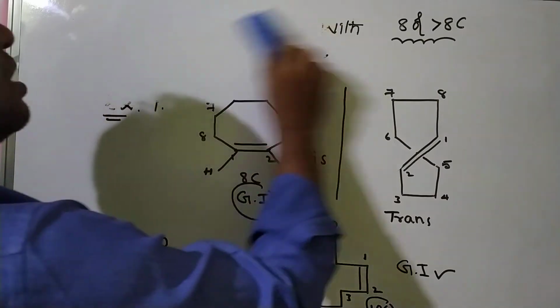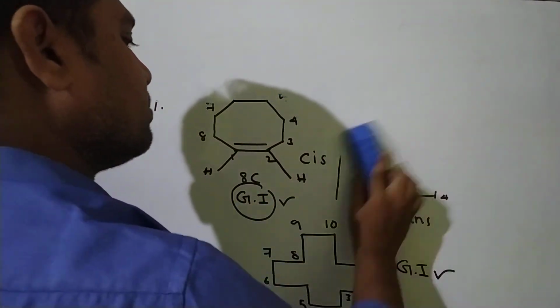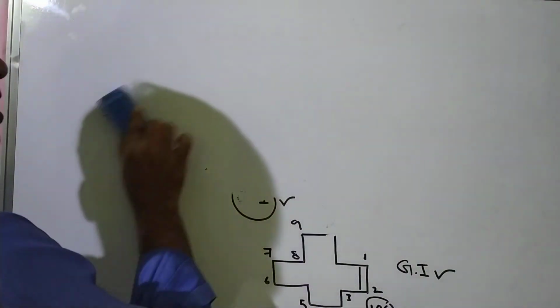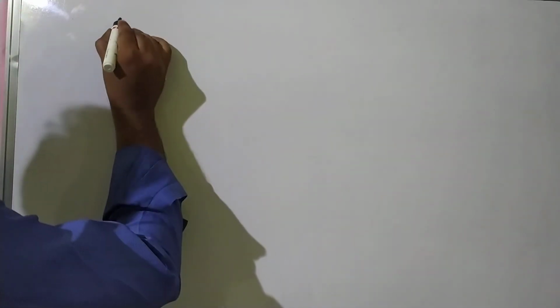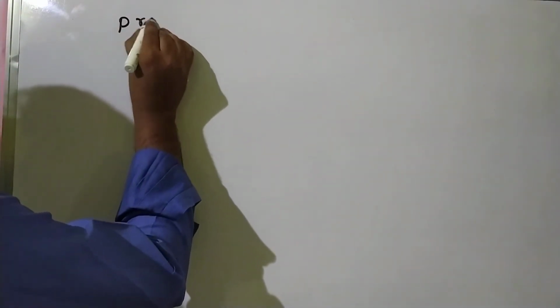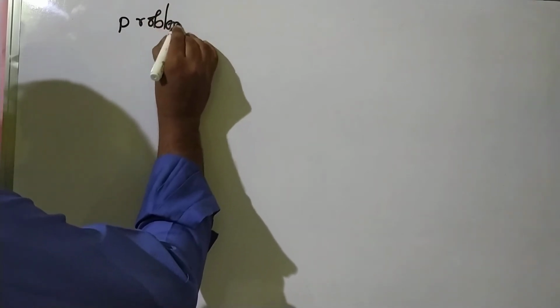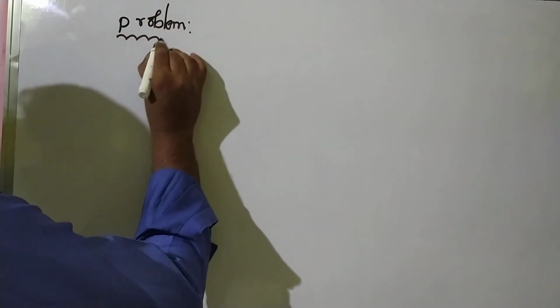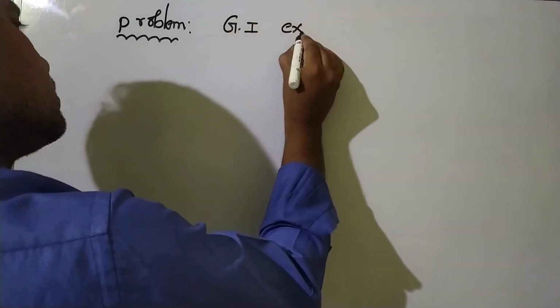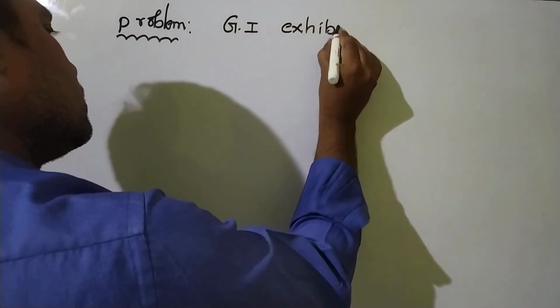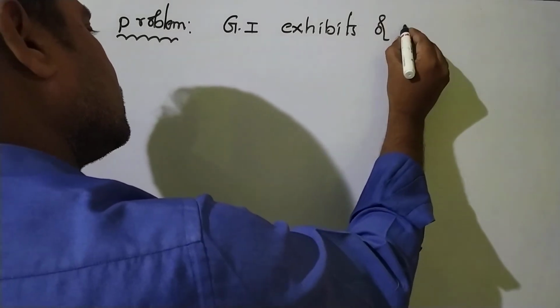Okay, students. Now we will discuss some more examples for JEE purpose and NEET also. Okay, one more question. So please note immediately. Problem: does it exhibit GI or not?